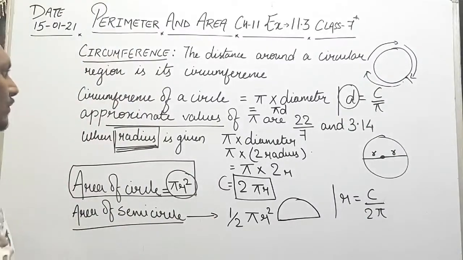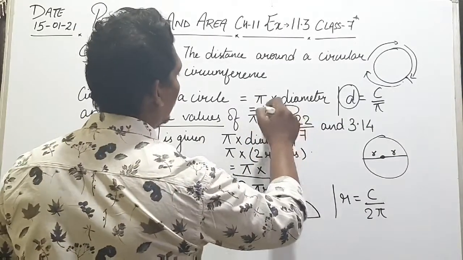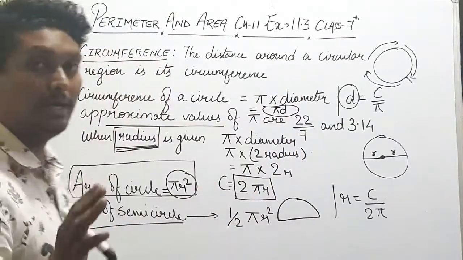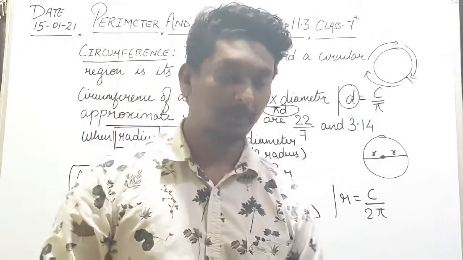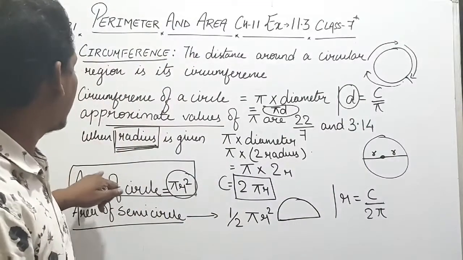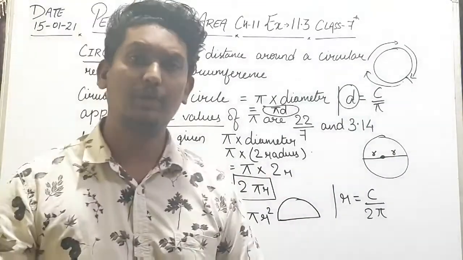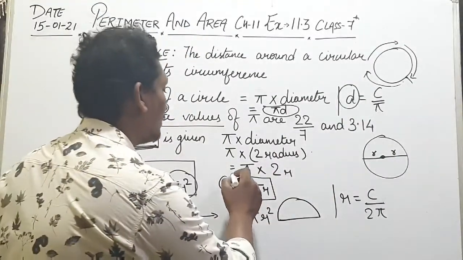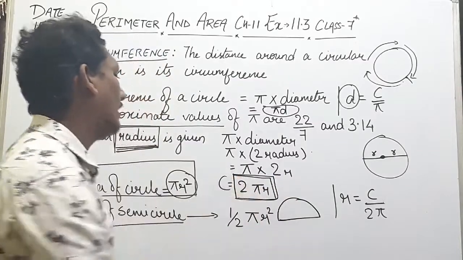So the main formulas you have to keep in your mind: the first one, pi d, when the diameter is given to you, to find the circumference. Then next, when the radius is given to you, you have to use the formula 2 pi r.